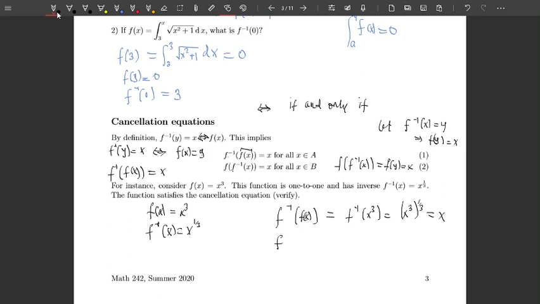Similarly, f of f inverse of x: f inverse of x is x to the 1/3, and this will be x to the 1/3 to the power 3 by definition of f, and this will give me x. So this is how the cancellation equation works. We'll be seeing this cancellation equation very often as this class proceeds.